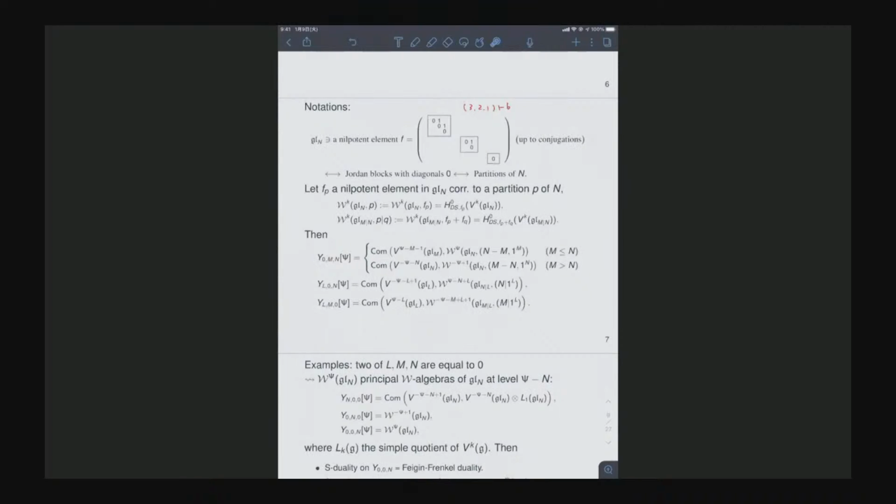So if L equals 0, this is an affine coset, a commutant of the affine algebra inside the W algebra of N minus M, 1, 1, 1, 1, 1. So this looks like N minus M and then 1, 1, in this way. This is some hook-type partition.